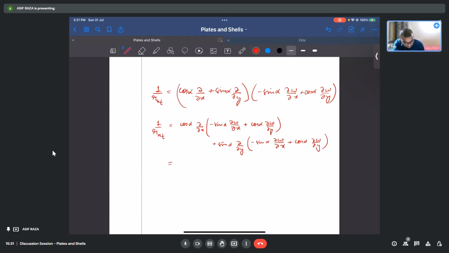Simplifying this will get −cos α sin α ∂²w/∂x² plus cos²α ∂²w/∂x∂y minus sin²α ∂²w/∂y∂x plus sin α cos α ∂²w/∂y².